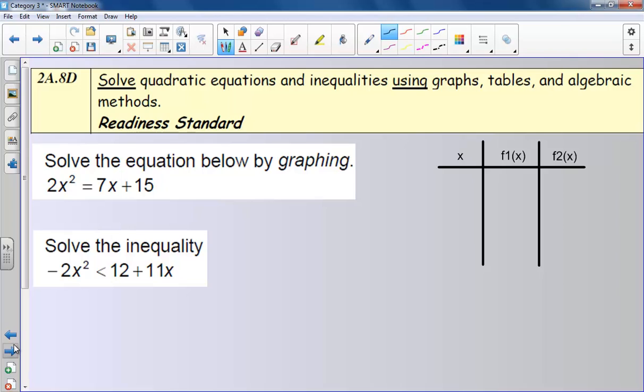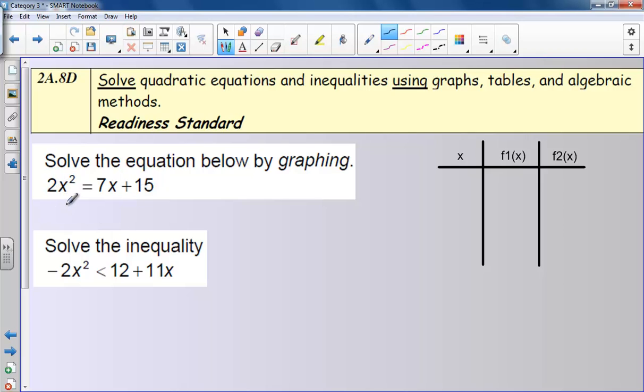We need to be able to solve quadratic equations and inequalities using many different methods, and we have done this in class, so we'll go briefly through some problems here. If we have a problem like this, we're going to solve this by graphing. I'm actually not going to go through and solve this for you, but you can do that.